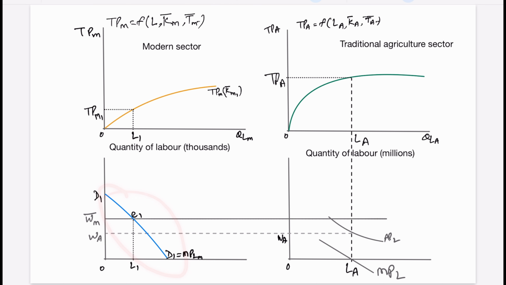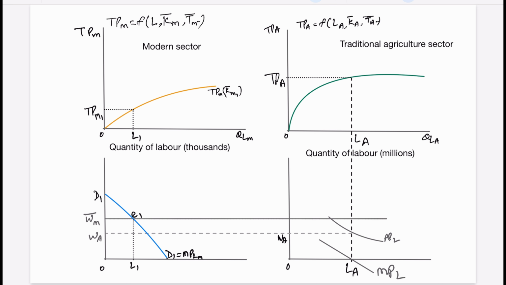So this blue line. You see that the initial demand for labor curve is D1. Now the manufacturing wage, W_M bar, is constant and greater than the agricultural wage, W_A. Why?